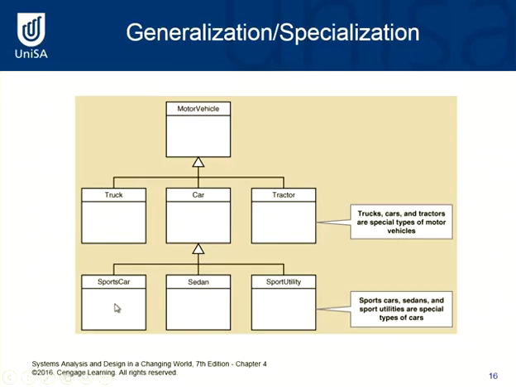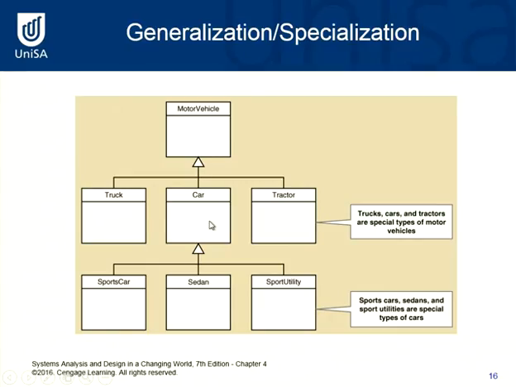Similarly, we would assume through this particular representation that a sports car, a sedan and a sport utility all have specific attributes in relation to those particular subclasses. So not only does sports car have its own attributes, it also inherits the attributes that belong to the car class.